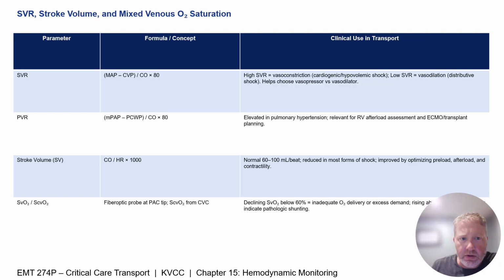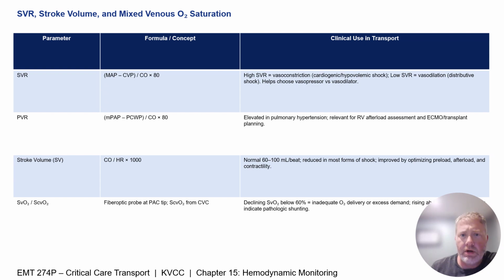High SVR often appears in compensatory states such as hypovolemic or cardiogenic shock, while low SVR is typical of distributive shock. Stroke volume represents the amount of blood ejected with each beat, and it helps to show whether a low output state is due to inadequate filling, poor contractility, or excessive afterload.